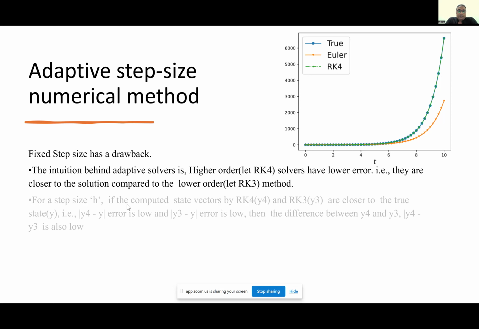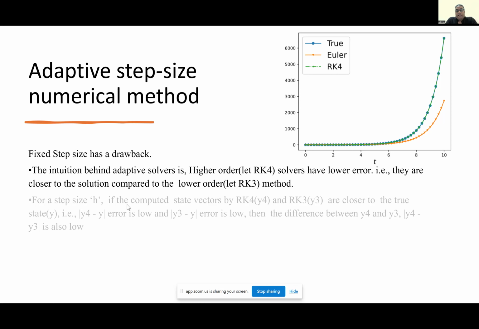Suppose y4 is the solution computed using RK4 and y is the actual solution. If both errors are low, then the difference between y4 and y3 is also low. So, for example, if we don't have the exact solution, and the difference between y4 and y3 is low, then we can also say that the differences y4 minus y and y3 minus y are low.